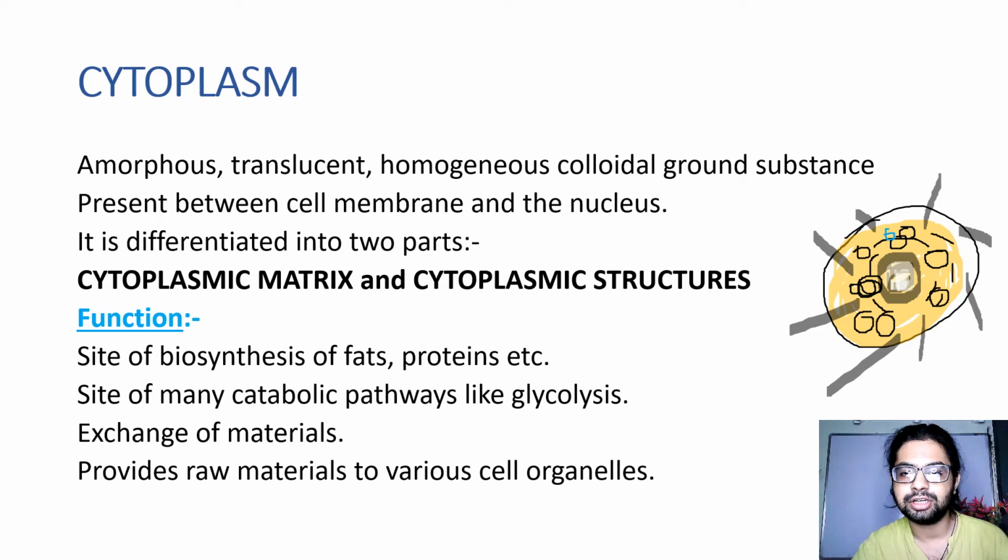So what is the function of cytoplasm? It is the site of biosynthesis of fats, proteins, etc. That is, in the cytoplasm, translation of proteins occurs, that is, formation of proteins occurs, and it is the site for the biosynthesis of fat. It is the site of many catabolic pathways like glycolysis, and it is a site for the exchange of materials.